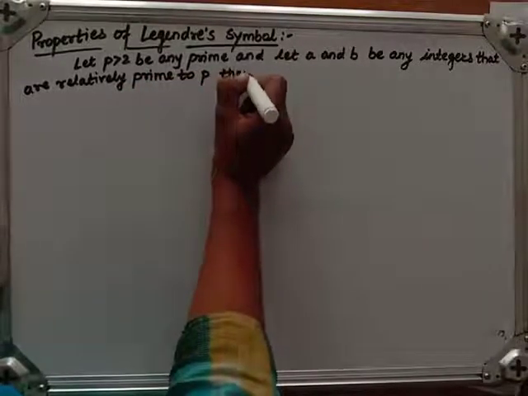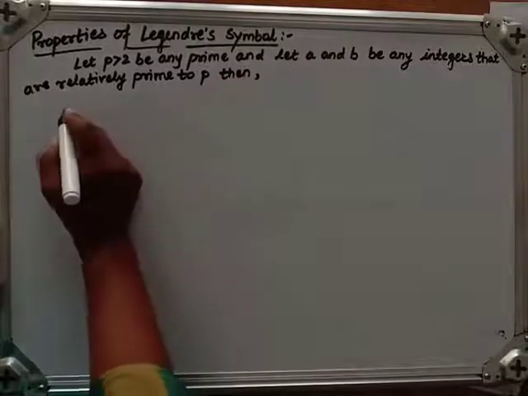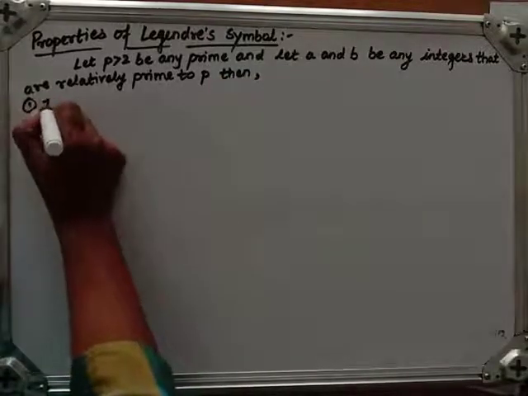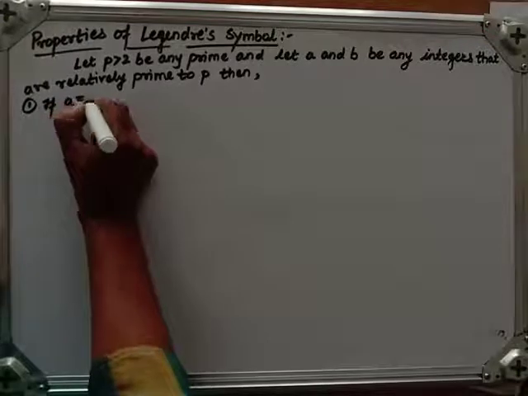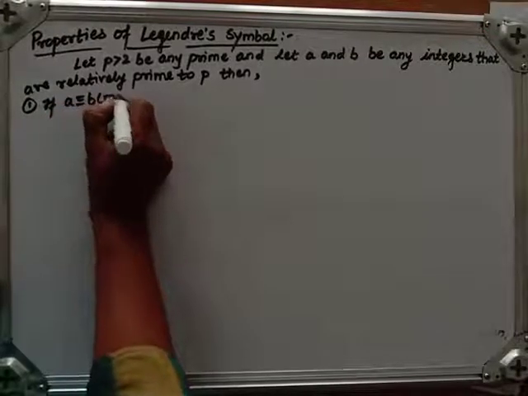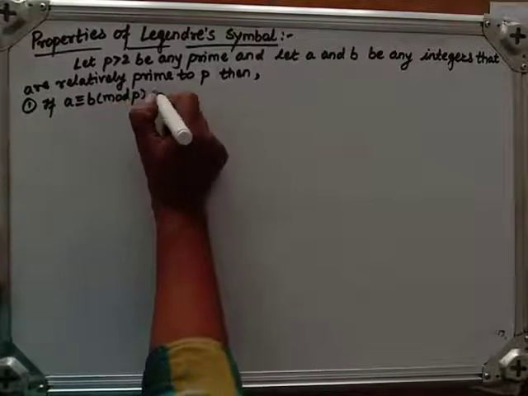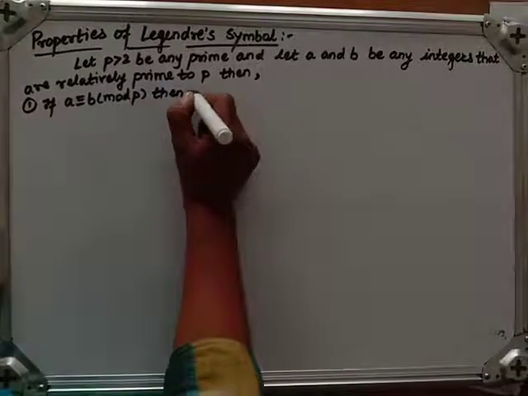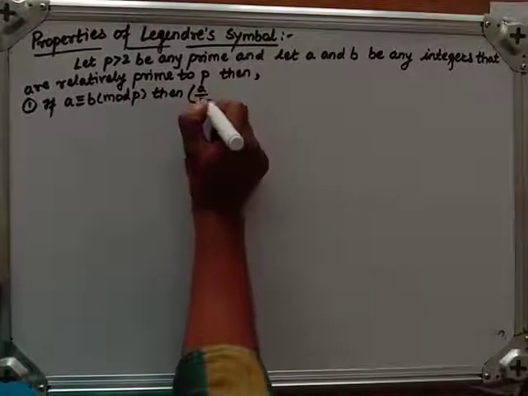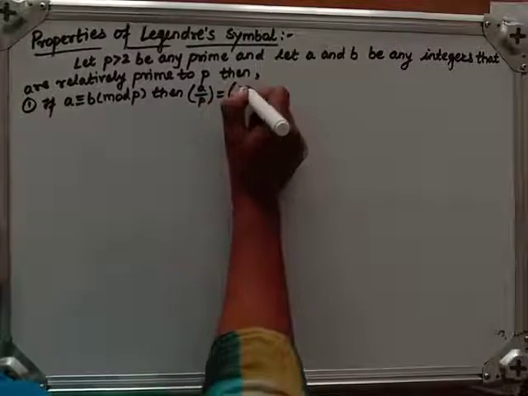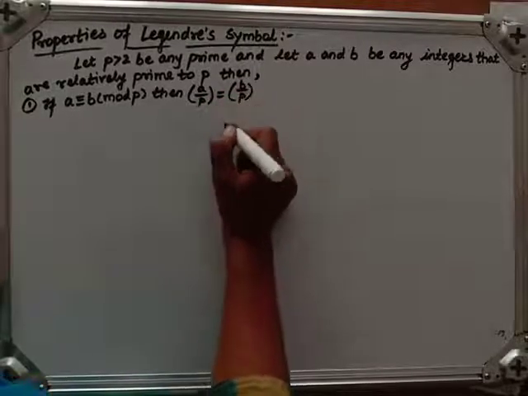Then first, if a is congruent to b modulo p, then Legendre's symbol of a by p is the same as Legendre's symbol of b by p.